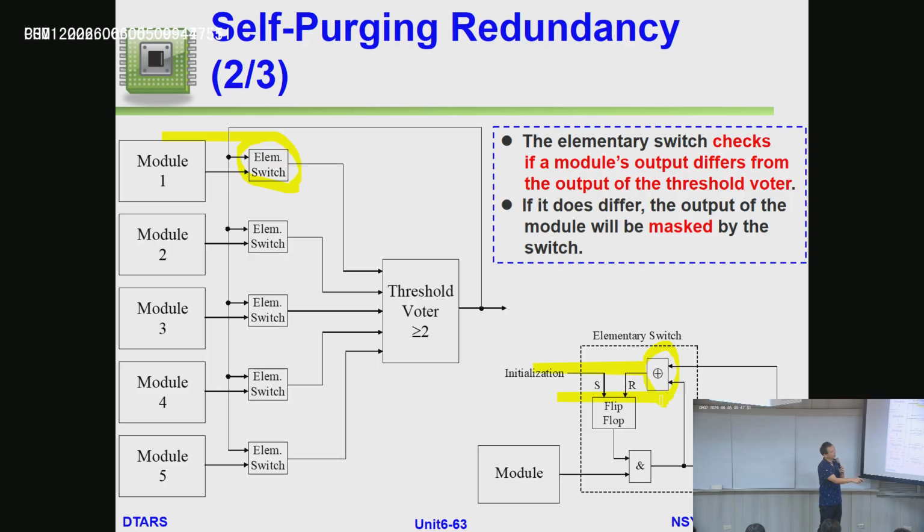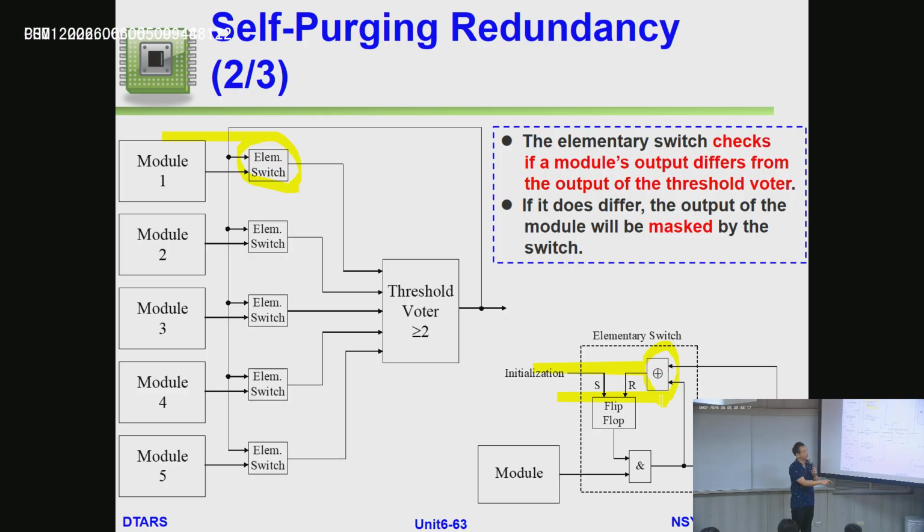We will compare this golden correct result to see if there is any difference between the correct result and this module's outputs. If the answer is no difference, then the output of this one will be logic 1.